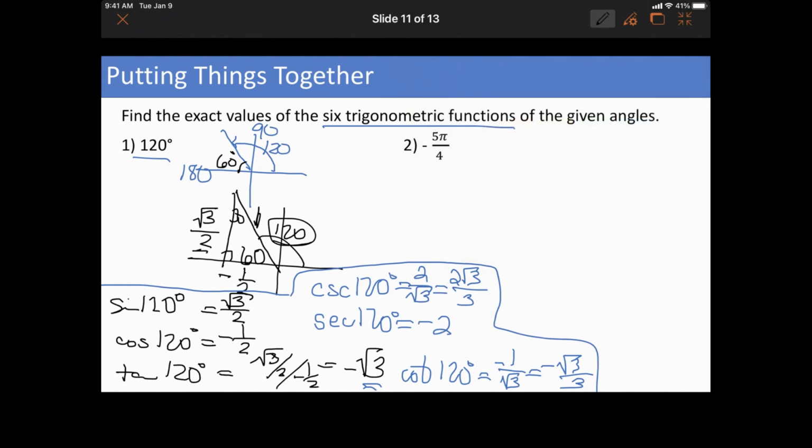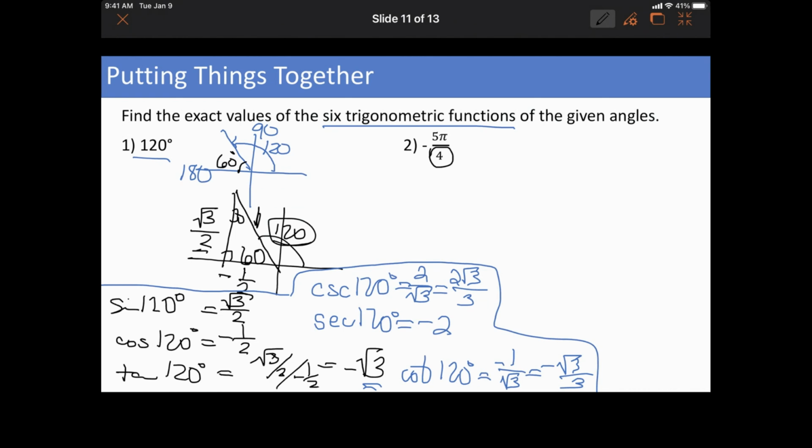Okay, so for the next one, I know I'm going negative. Okay, and now this, it's 4. So automatically, I know it's a reference angle of 45 because the denominator is 4. But I'm not sure what quadrant it falls in. If you're not sure, you can convert it to degrees.